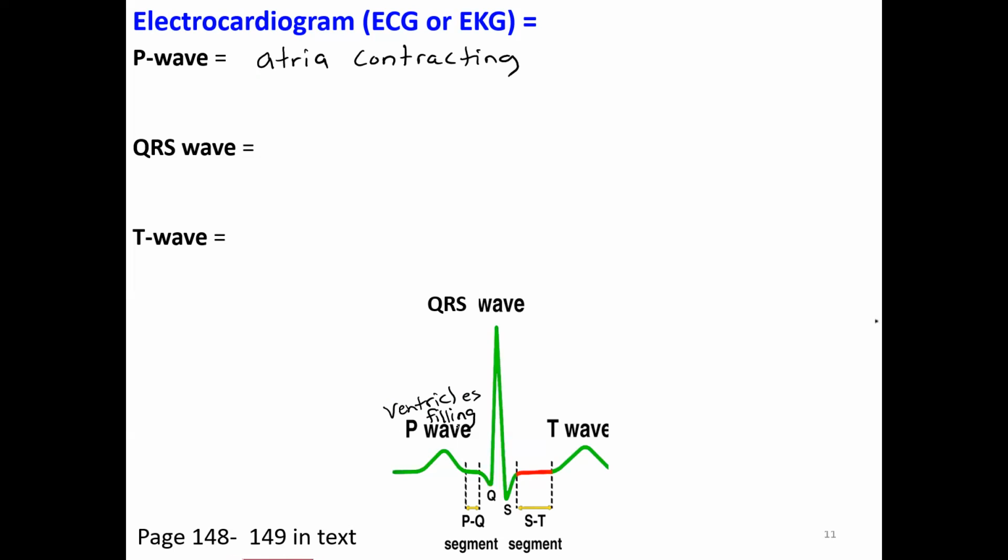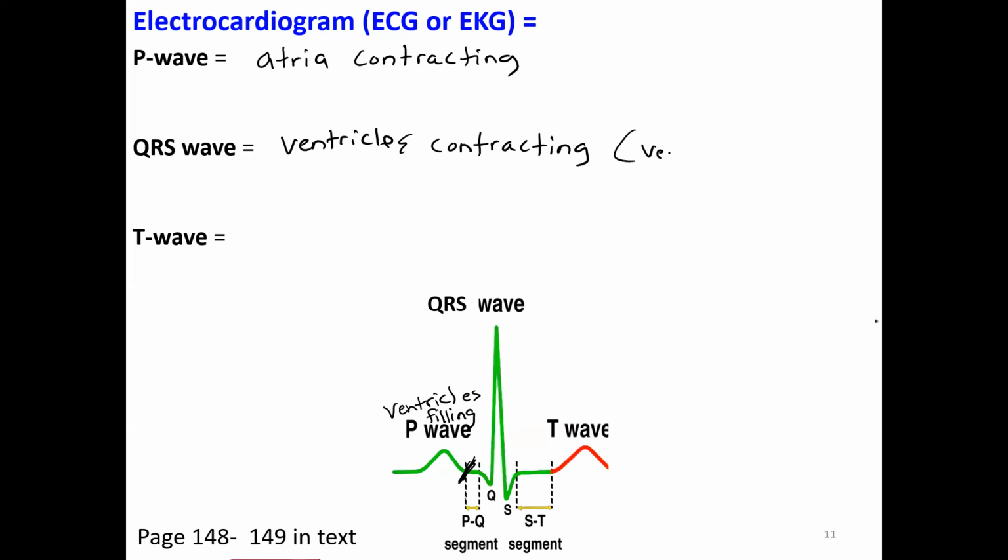Okay, and then somewhere in here, the bicuspid and tricuspid valves will close simultaneously. After the P wave, after they've contracted, they're going to close, because the QRS wave is when the ventricles are contracting.